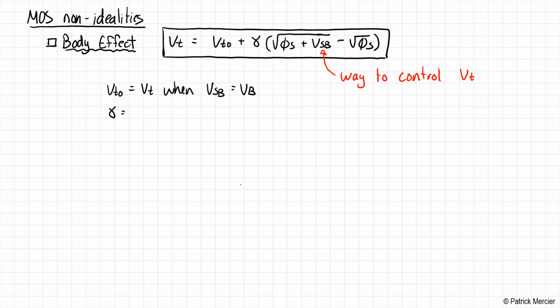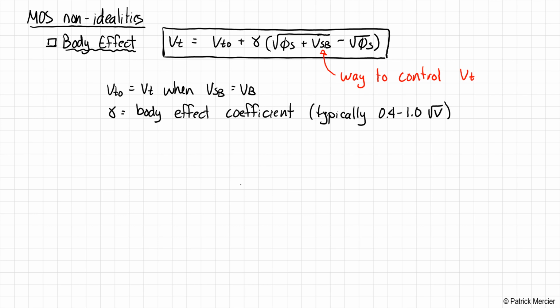Gamma is the body effect coefficient, and it's typically somewhere between 0.4 to 1 root volts. So yeah, a little bit of a weird unit there.